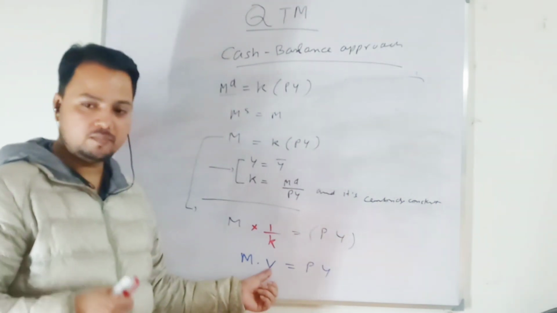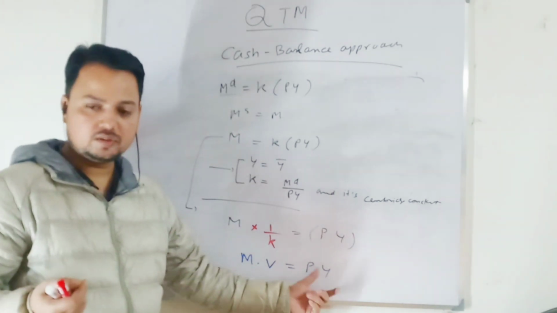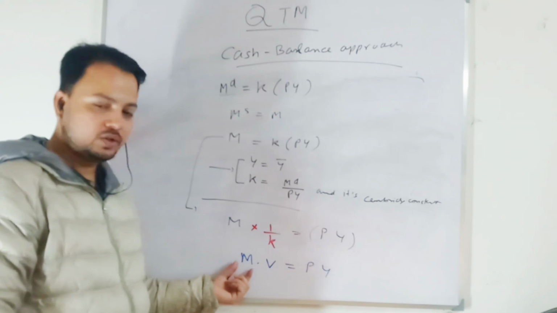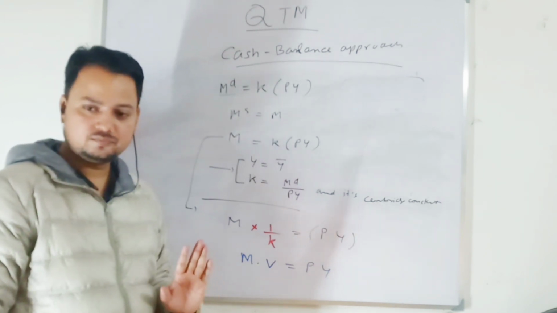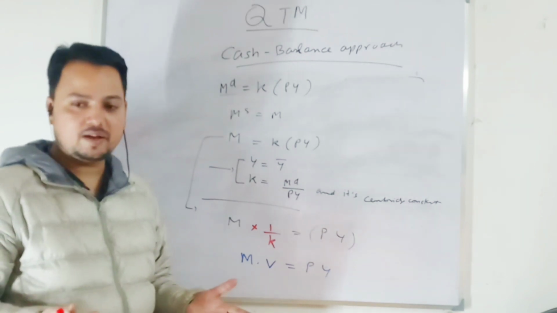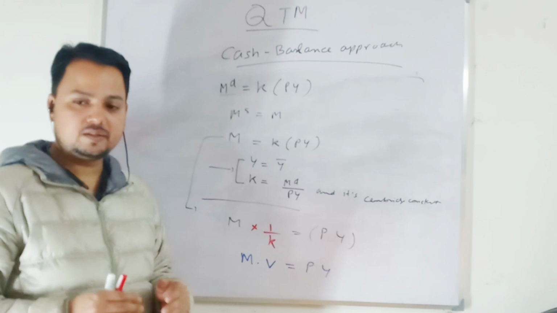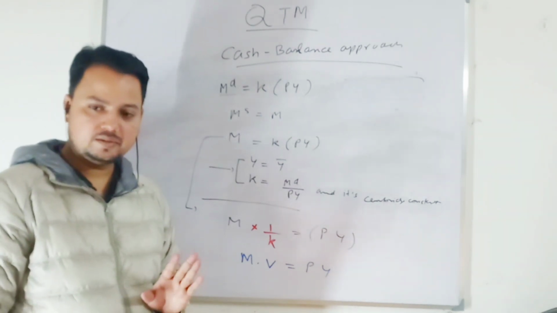Given the velocity determined by institutional factors, output is determined by the full employment level. So this is a long-term concept. When the quantity of money increases, the price level will increase, right? Agree? Here we have the explanation of how the price level is determined. Is it clear?